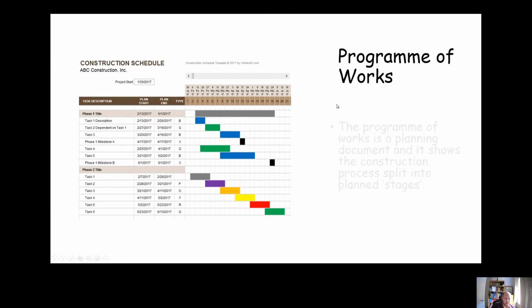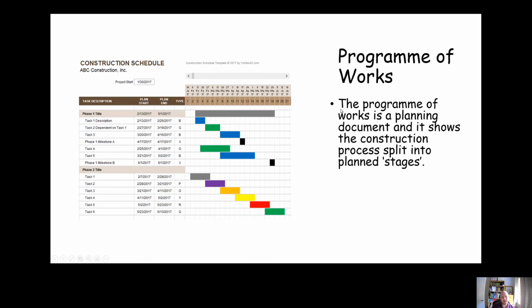So first, look at the Programme of Works. It's a planning document. It splits the construction process into chunks, and basically says when each chunk should be carried out in which plot.